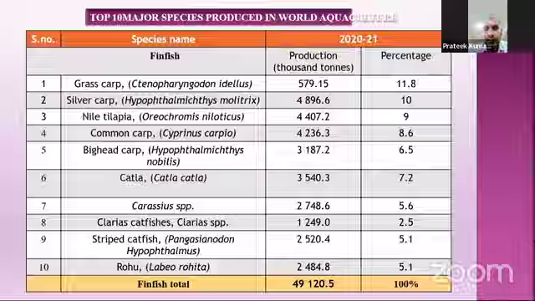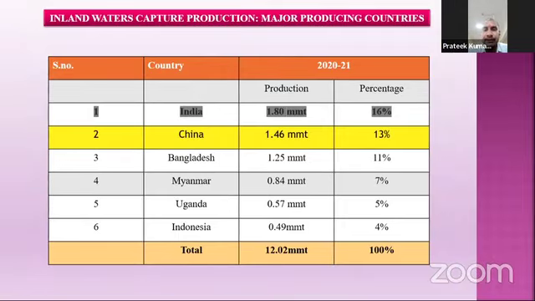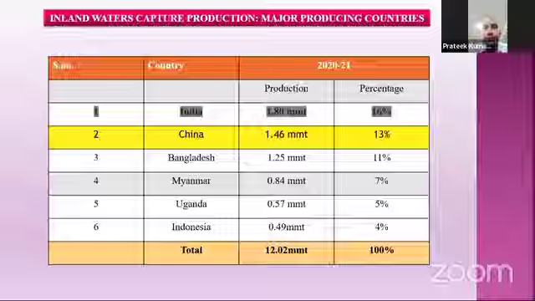Next, please. It is very important to know that some fishing countries play an important role in the production system. China has 1.80 million metric tons, a current and sure result of production, 16 percent on a percentage basis. These are dependent on inland water capture production.